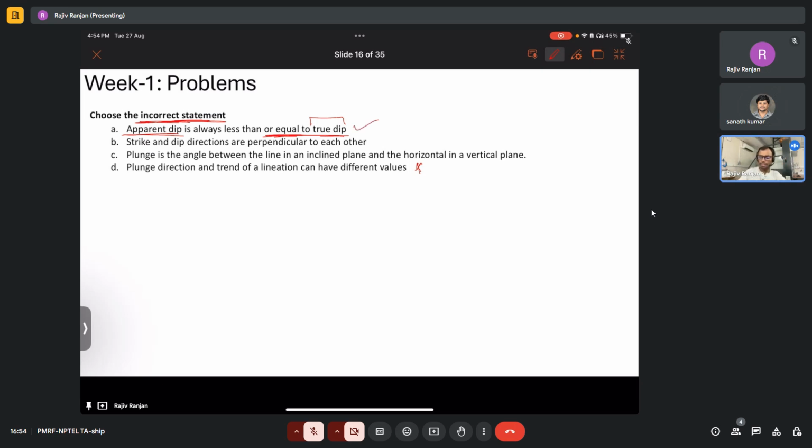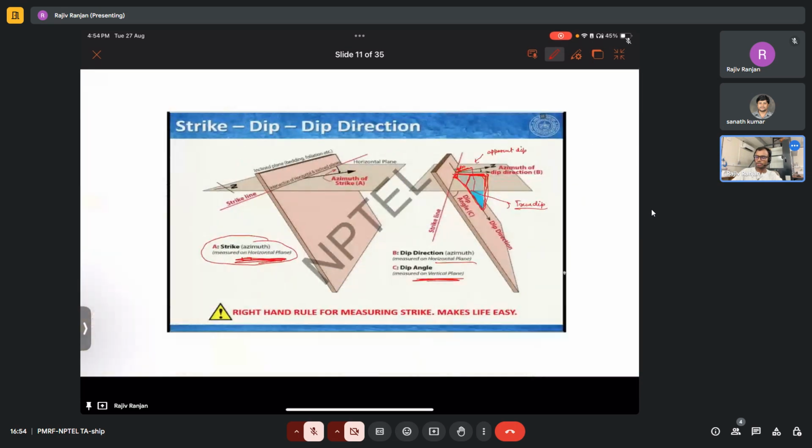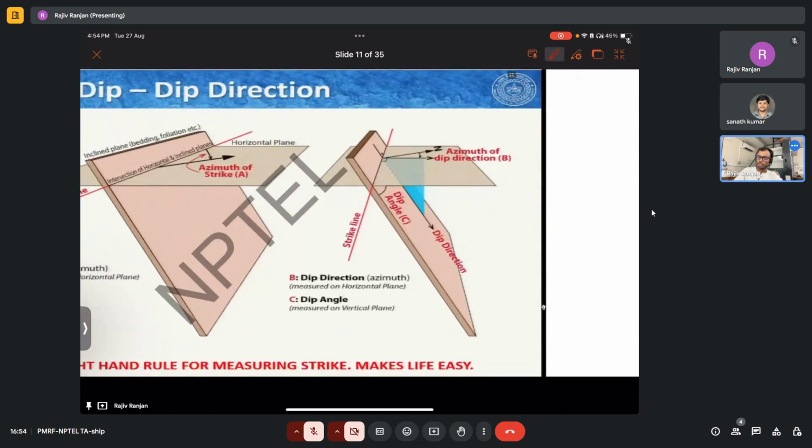Option B: strike and dip directions are perpendicular to each other. That is a very basic thing that we know. It's true. Option C: plunge is the angle between the line in an inclined plane and the horizontal in a vertical plane. We saw this photo, if you remember. If you see this blue plane, it is a vertical plane.